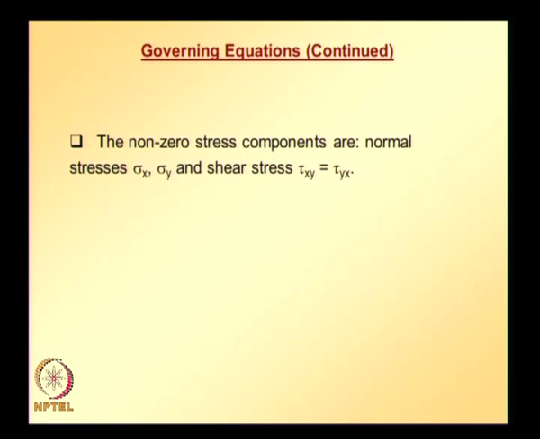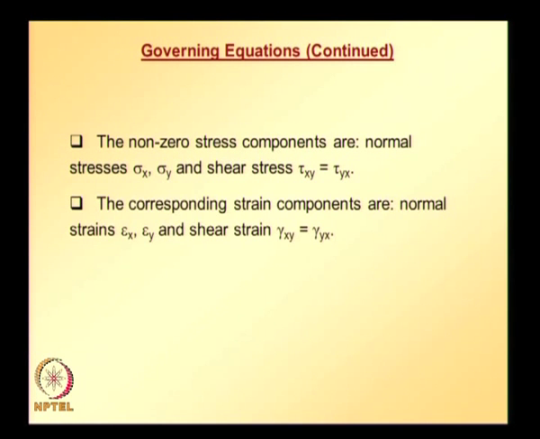So, we have seen the stress components which are 0, and now the non-zero stress components are two normal components sigma x, sigma y, and one shear component tau xy, which is going to be the same as tau yx, and the corresponding strain components are two normal strains and one shear strain, and this is known as plane stress situation.